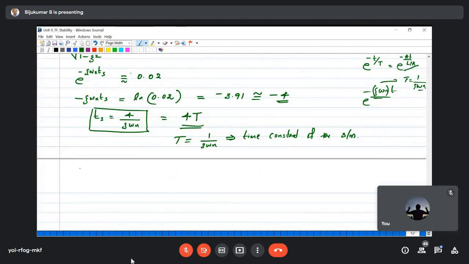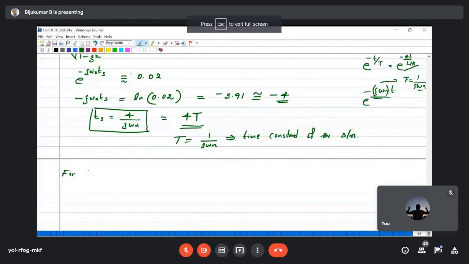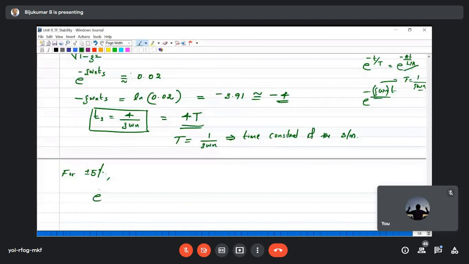The same way, if you calculate for a plus or minus 5% band, what will be the relation? Can you do it? You can write e power minus zeta omega n ts is equal to 0.05.